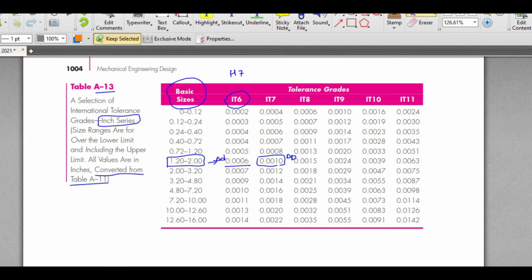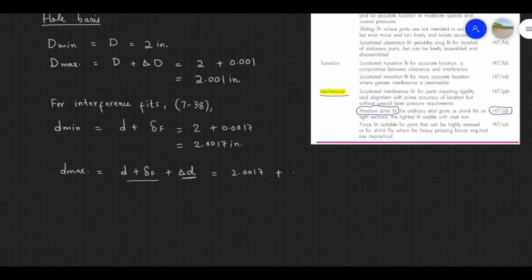This is our delta small d, 0.0006, and this value comes out to be 2.0023 inches.